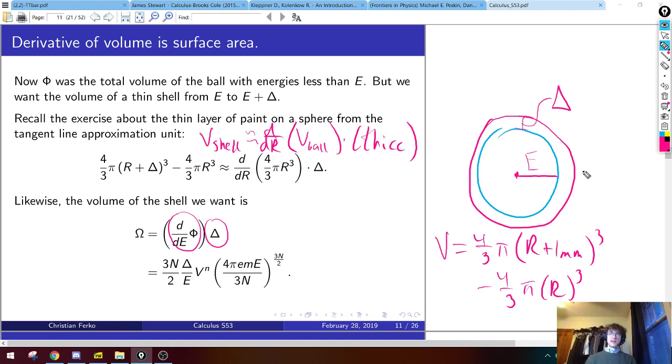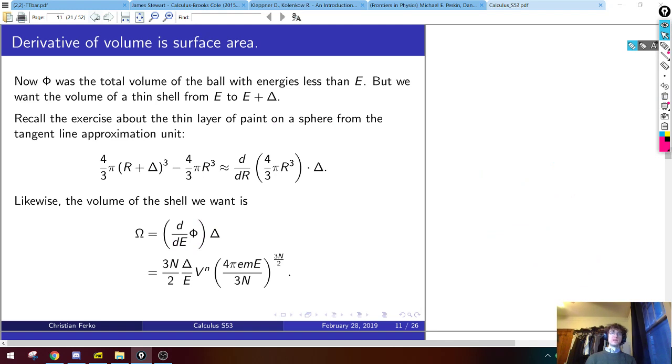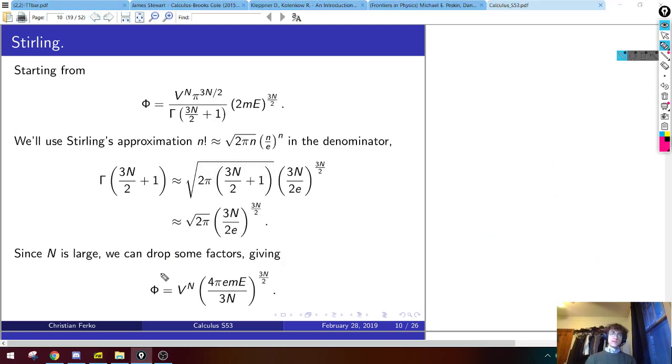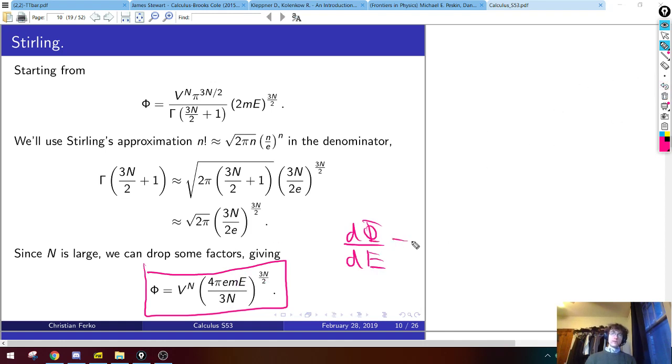And if you evaluate that, it's actually very easy to evaluate because n is so large. If I take the derivative of phi with respect to E, well, by the power rule, since E appears inside here raised to some power, you pull down a factor of 3n over 2, I keep that V to the n, and then I should have a factor of this thing by the chain rule, 3n over 2 minus 1, and then times some other junk from the inside.